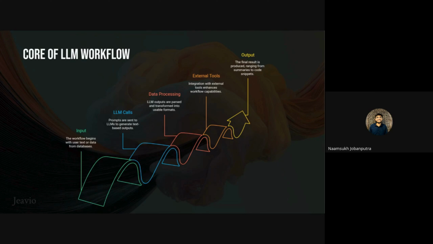Along with that, we can also have a Gmail integration in the tools itself, if you want the answer to get into any email. And finally, we have the output, where we can do a bunch of things with the output that we get and transform it to the text that we want.